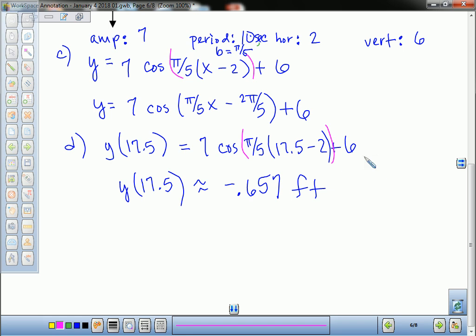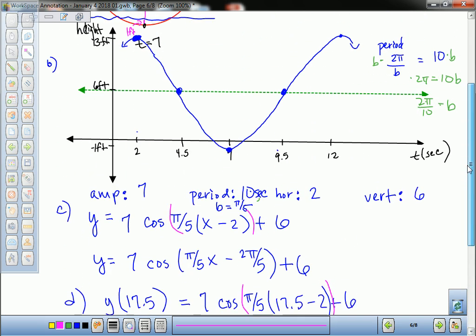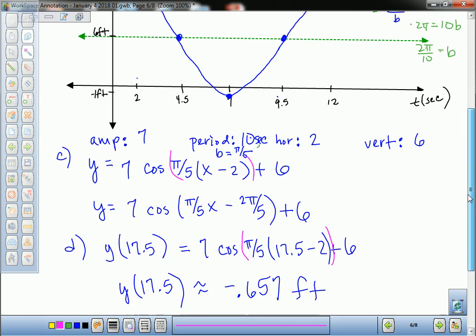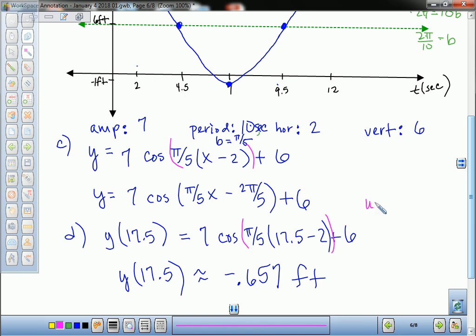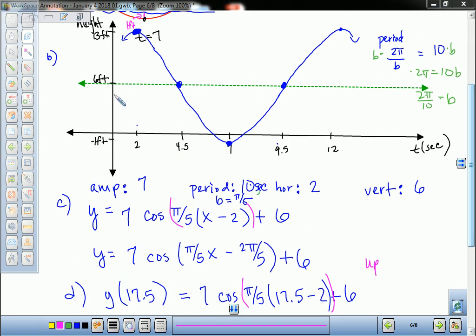All right. Now the second part of this problem asks when it goes up and when it goes down. So up would be from 0 to 2. And it goes up again from 7 to 12. Y'all see that's where it's going up?